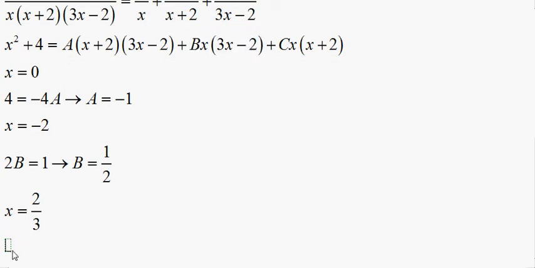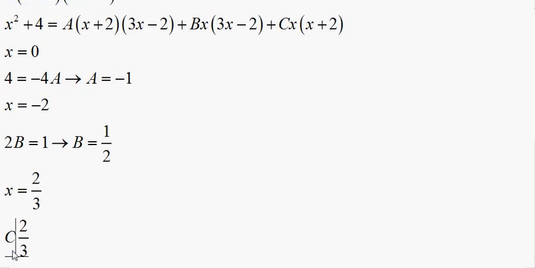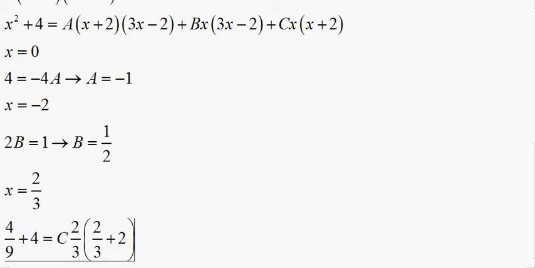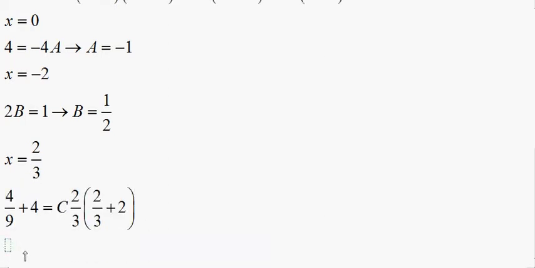So now we have C times 2/3, and then we have 2/3 plus 2, and then 2/3 squared is 4/9, 4/9 plus 4. Okay, so let's add fractions here.